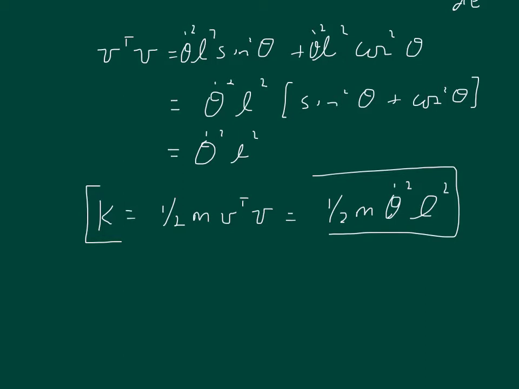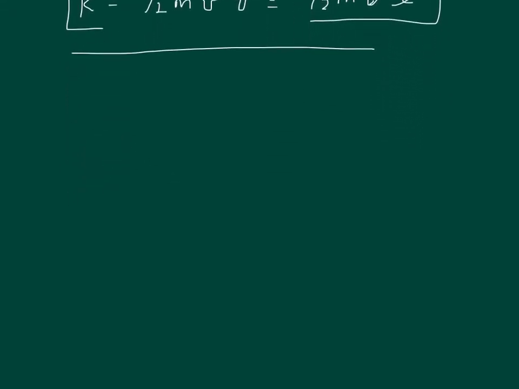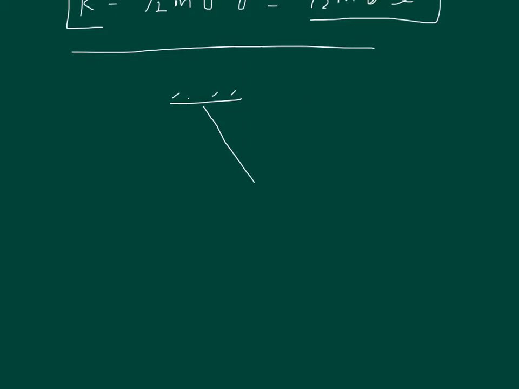So that is the kinetic energy of this particular system. Now, as one final example, let's do the same problem, only assuming that the rod has mass. So we have a rod that's hanging down, and now this rod has mass, let's say mr, and then at the end is another mass.